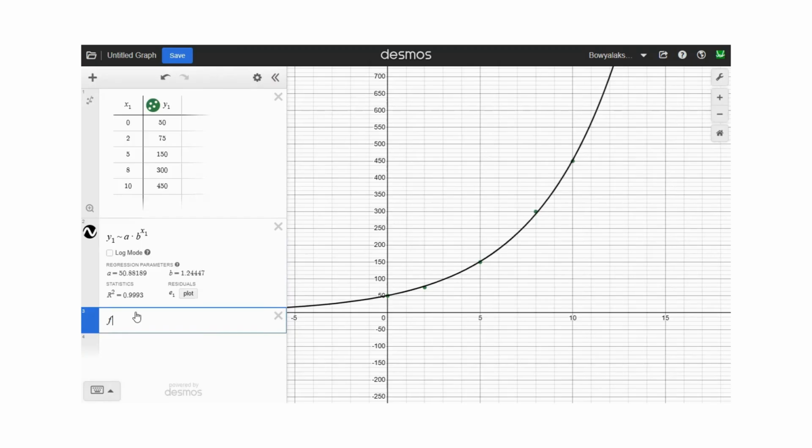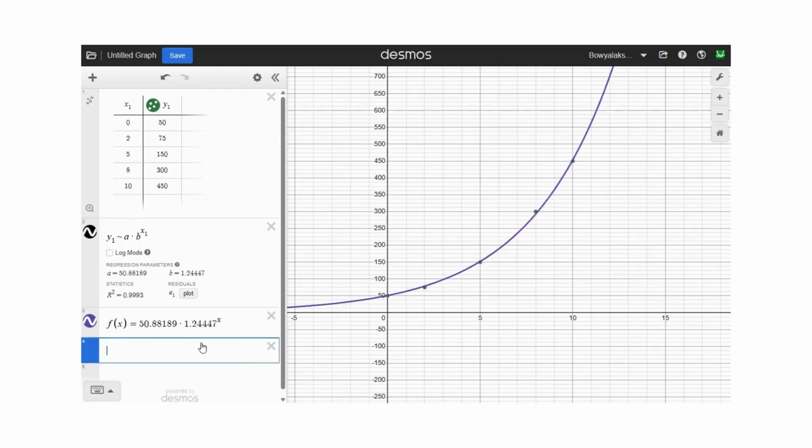They have asked us to round it off to 3 decimal places, but for storing, I think you can take almost everything listed, times your b is 1.2447 to the power x. Okay, so this is your function. This will help us to evaluate the later questions listed there.